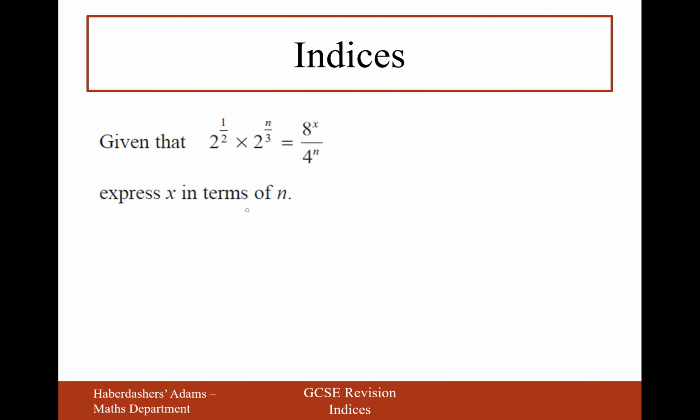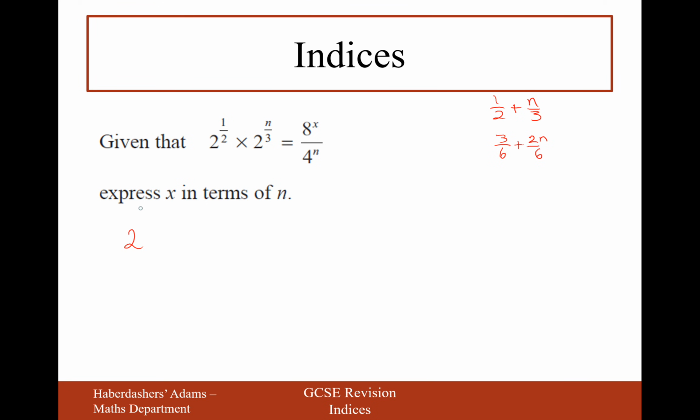Okay, so write x in terms of n. So first of all, I'm going to simplify it on the left-hand side by adding the indices together. So that's going to be 2 to the power of, well, a half add n over 3. So common denominator of 6.